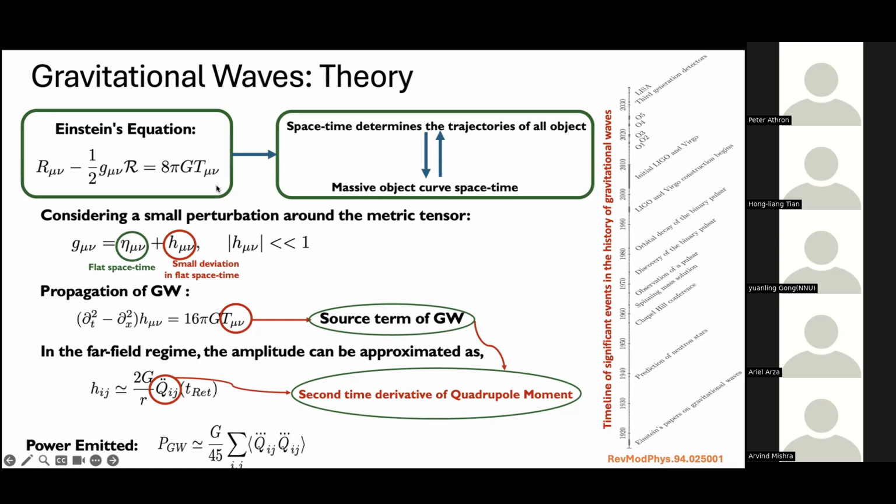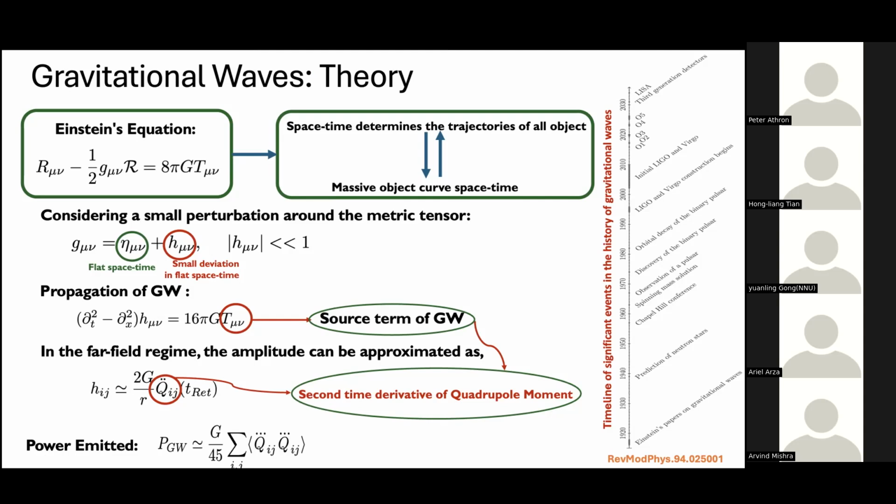Now, once we substitute this back into the Einstein equation and use the Lorenz gauge, we find that one can use it to calculate how the gravitational wave propagates. This can be expressed using this equation. On the right hand side, it's basically the source term that can generate the gravitational wave.